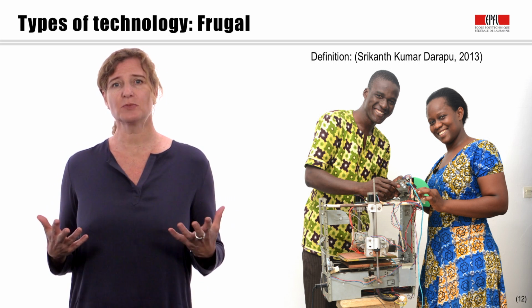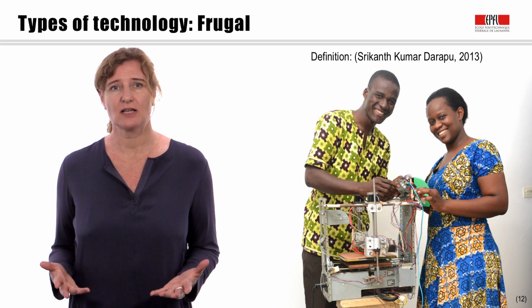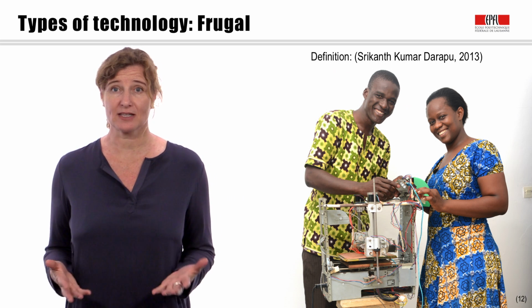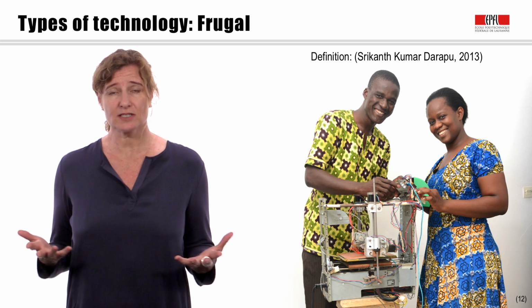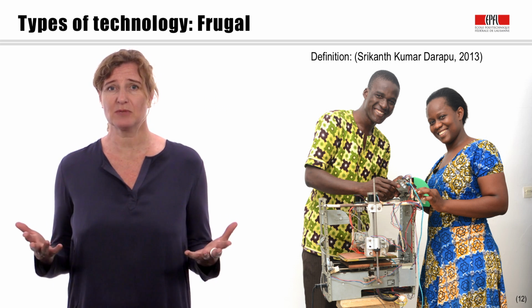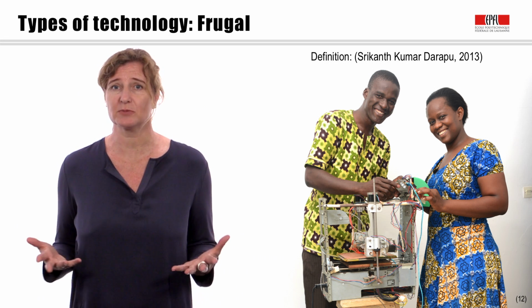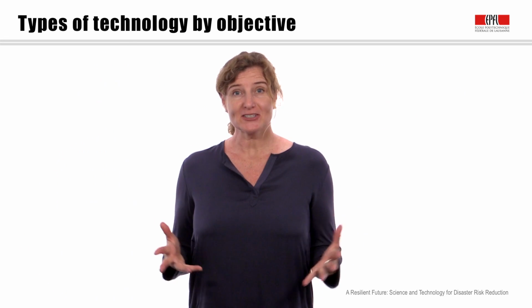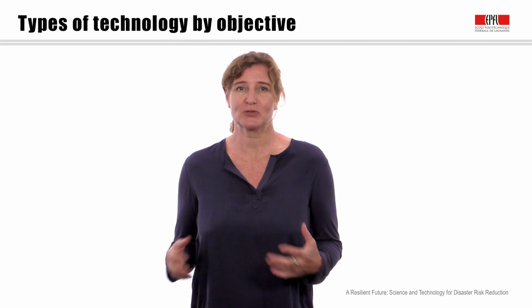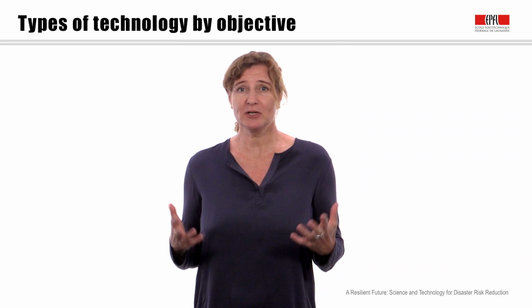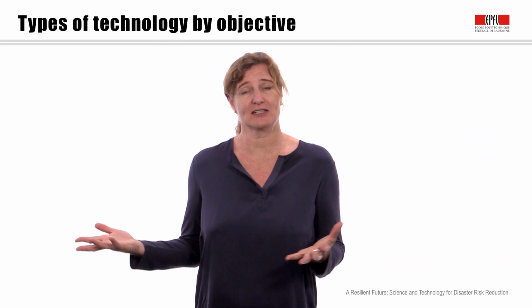Initially, it was thought to be specific to developing countries, but developed countries have quickly realized that this kind of innovation is not region-specific. For instance, a 3D printer that has been made out of electronic waste was developed in the Global South. Technology can also be classified by the type of activity or objective it hopes to achieve. For example, communication, space, or medical technologies.